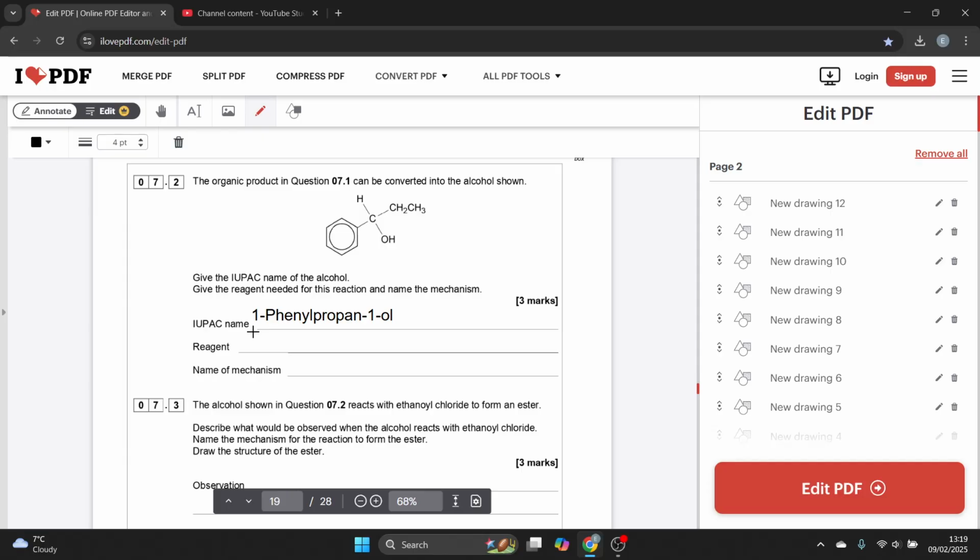So it's going to be the reagent sodium borohydride and the mechanism name nucleophilic addition. Phenyl propan-1-ol, sodium borohydride, nucleophilic addition.